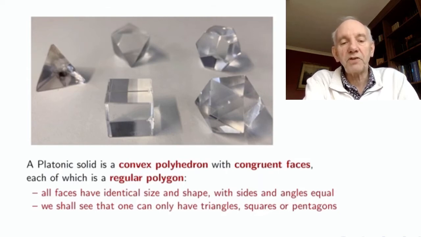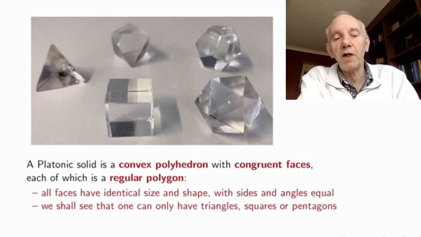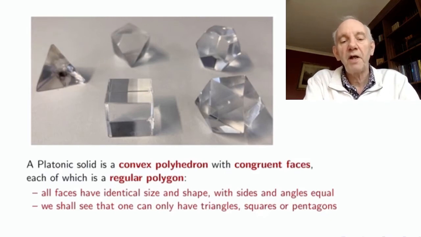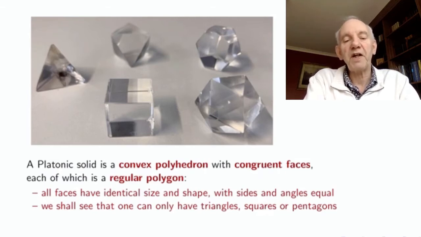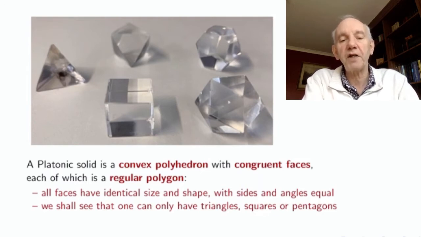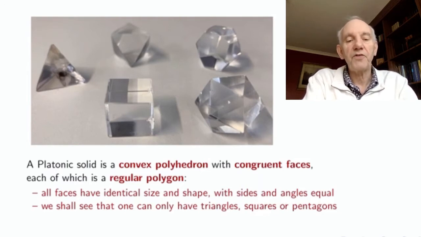So the Platonic solids, these 5 solids, are special types of convex polyhedra. They are the convex polyhedra in which all the faces have the same size and shape. So in particular, each face corresponds to a regular polygon with the same number of sides for each face. And I'll show you in the next talk, I think, that that fact alone will show that there are only 5 possibilities.